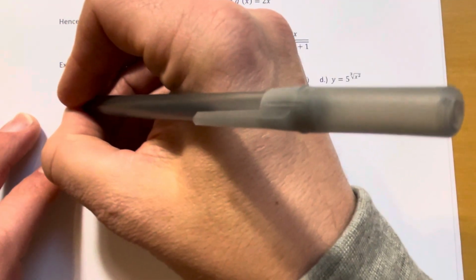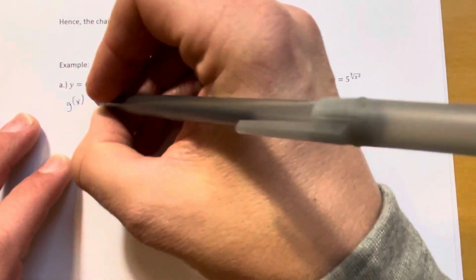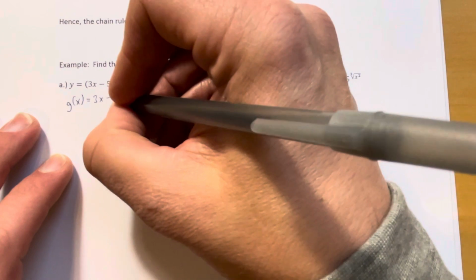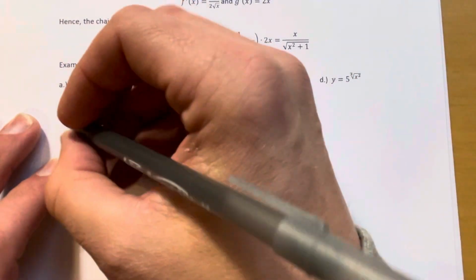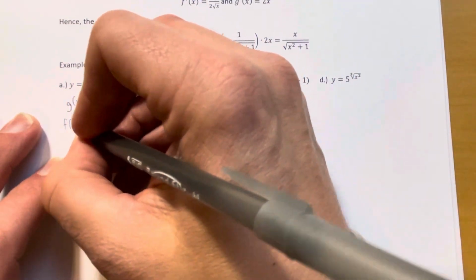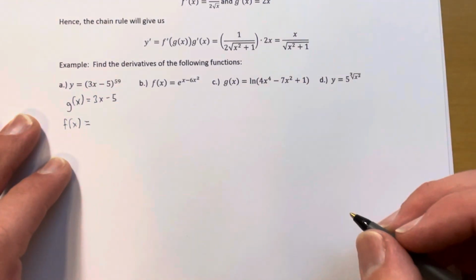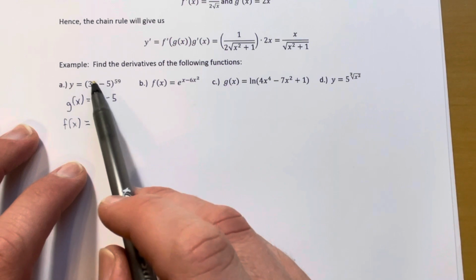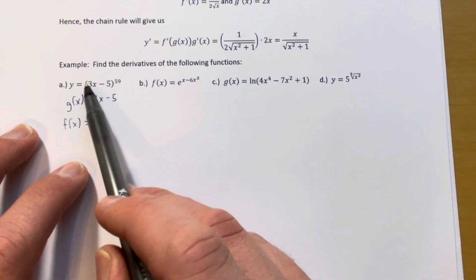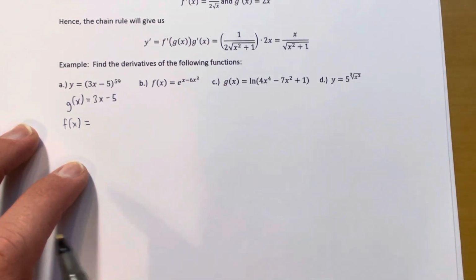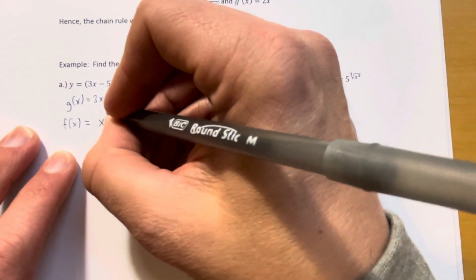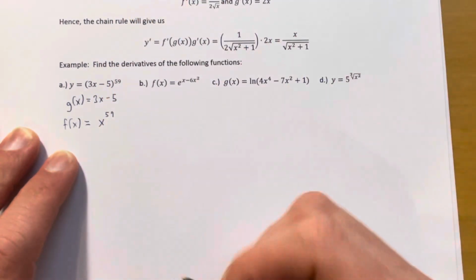That, in my notation up there, is what I was calling g of x. So I'm going to say g of x is equal to 3x minus 5. That sits inside what I'm thinking of as an outside function. And if you notice, that 3x minus 5 is being substituted into this, which is being raised to the 59th power. So I'm going to define f of x as x to the 59th power.